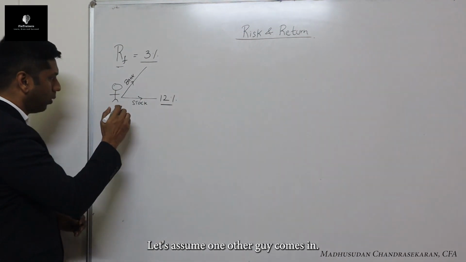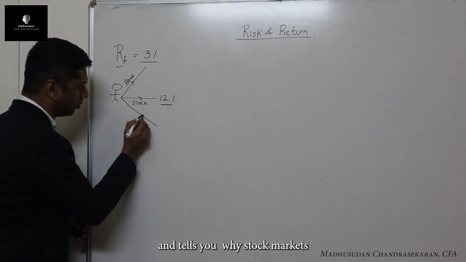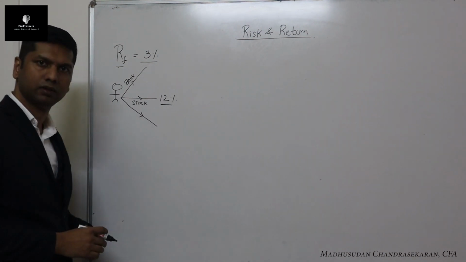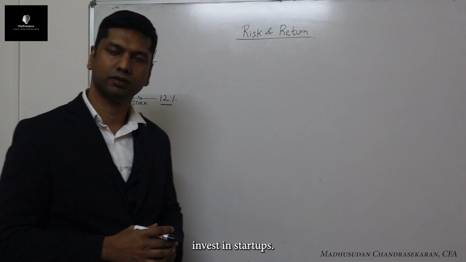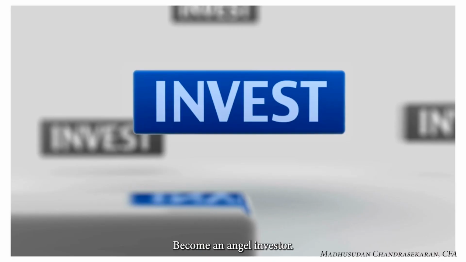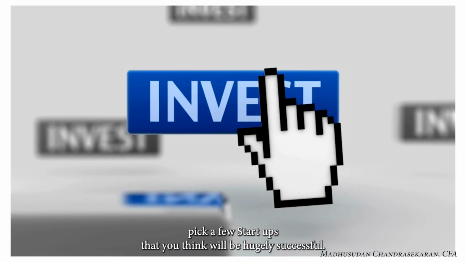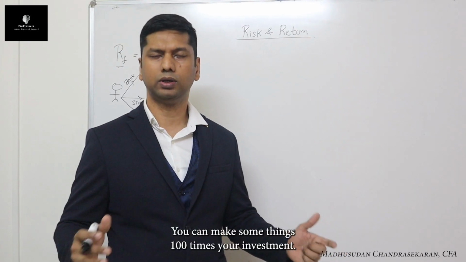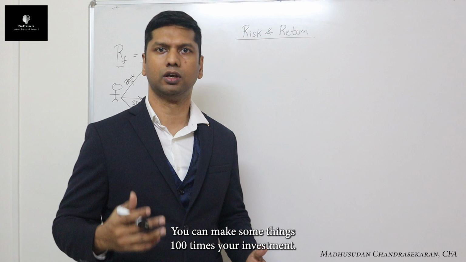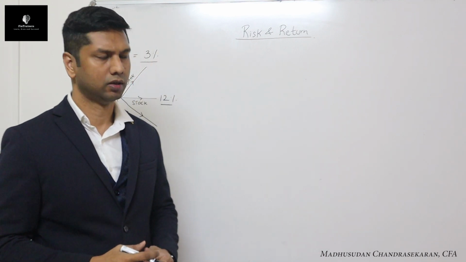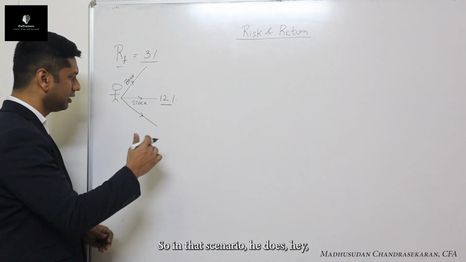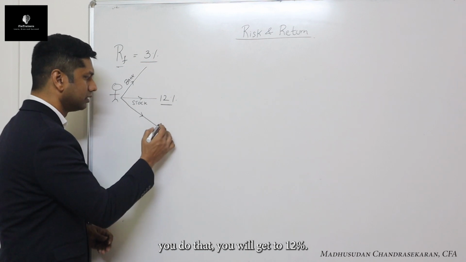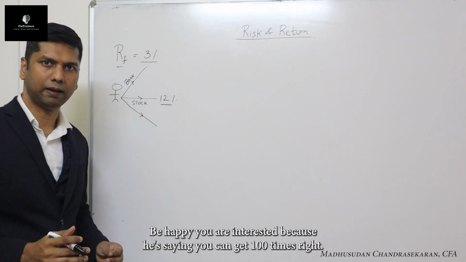Let's assume one other guy comes and tells you, why the stock market? Invest in startups. Become an angel investor. Pick a few startups that you think will be hugely successful. You can sometimes make 100 times your investment. So in that scenario, if he tells you, hey, you do that, you will get, say, 12%, you're not going to be happy.